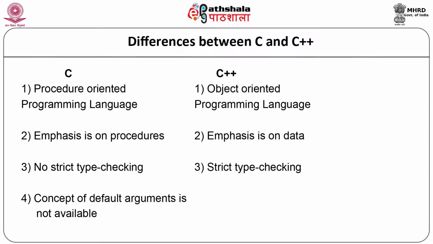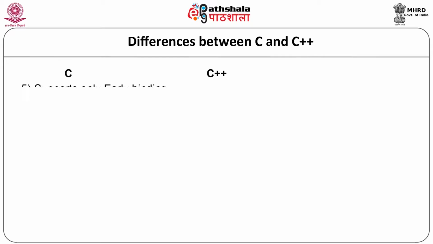The concept of default argument is not available in C, whereas it is available in C++. C supports only early binding, in which all the functions related to the function call are resolved at compile time. All individual resolved function calls create individual .o files which can later be linked together to create a final executable file.